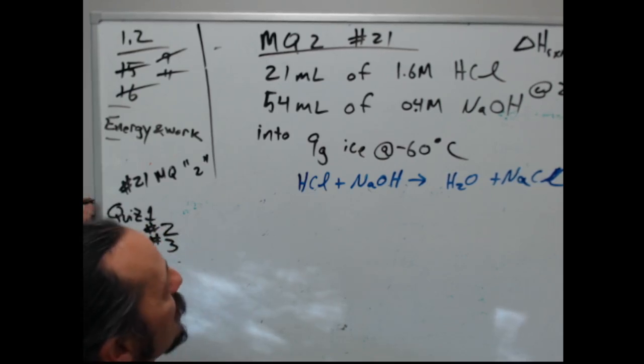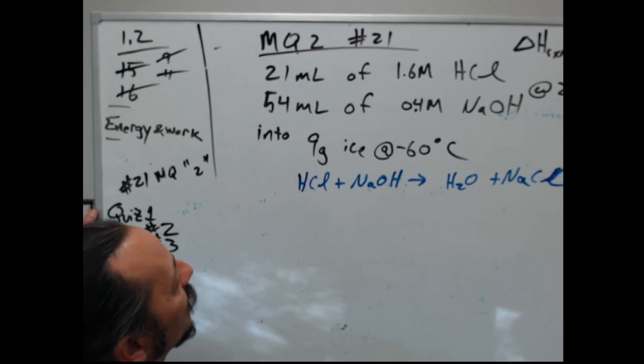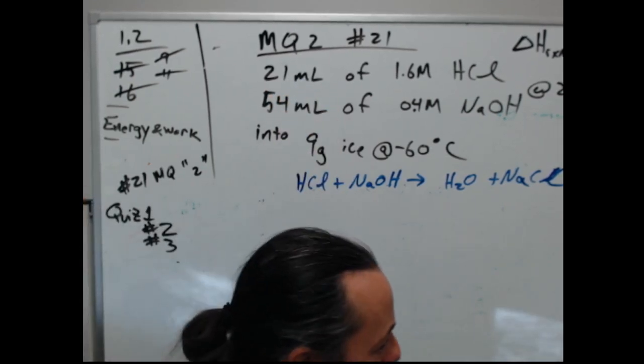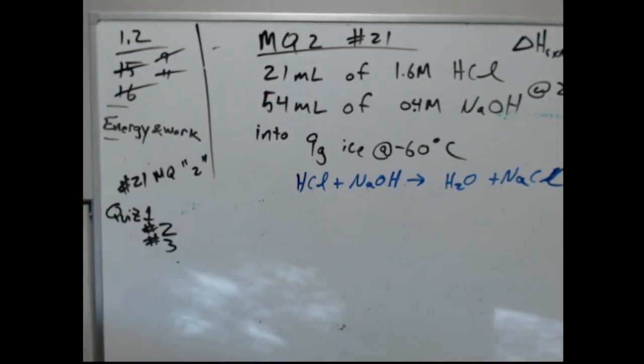So you use 1.6 molar HCl equals unknown moles over 0.021 liters. Then solve for the number of moles by multiplying.